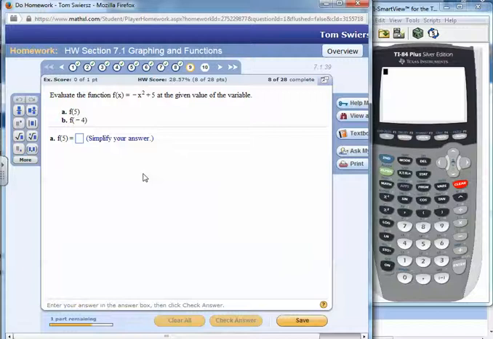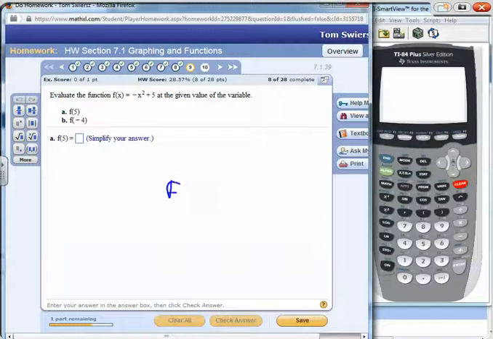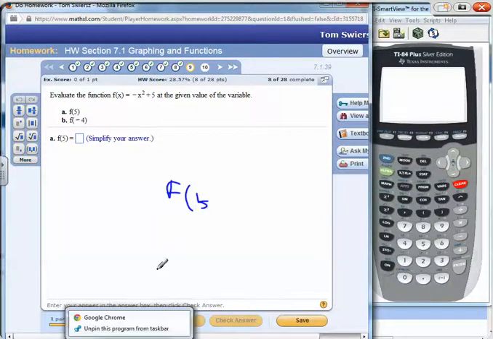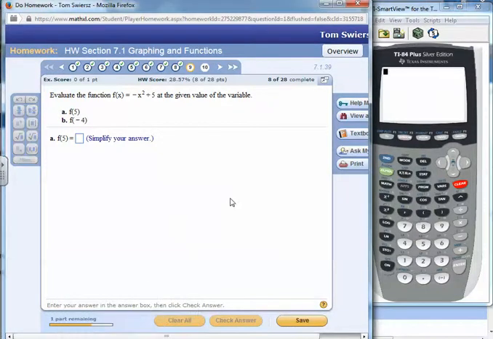All right, f of 5, okay, now, so we're going to evaluate. Now be careful. So we're going to go ahead and put in f of 5.